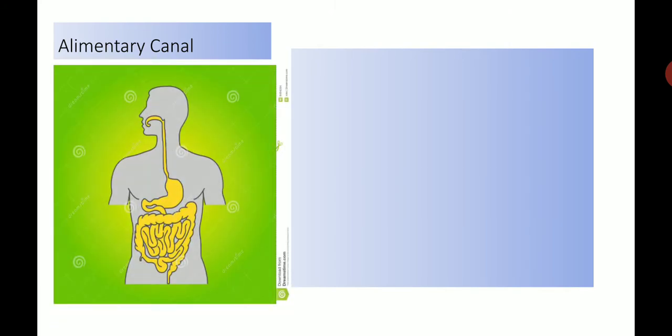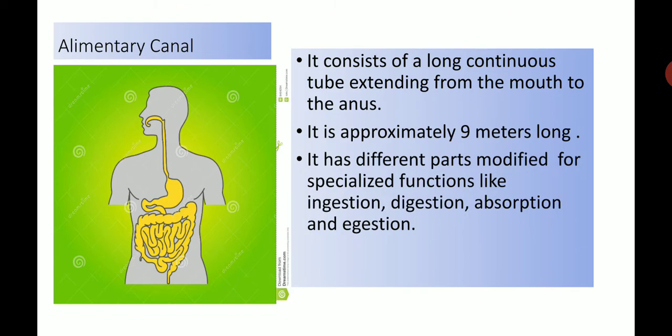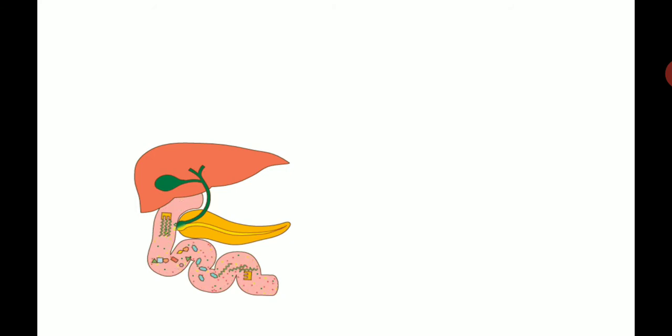In the given picture, from the mouth till the stomach region, you can see a yellow colored long tube-like structure which is known as the esophagus. The alimentary canal is a long continuous tube extending from the mouth till the anus, and it is 9 meters in length. It has different parts modified for special functions like ingestion, digestion, absorption, and egestion.